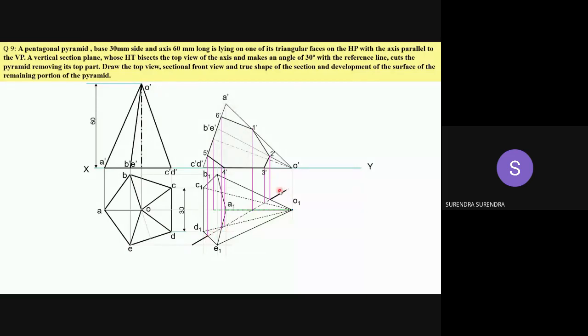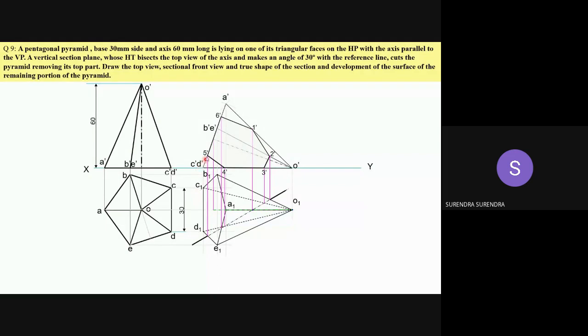It is not actually a line, it is a complete plane, so it also cuts the base at B. It is also cutting on the base.